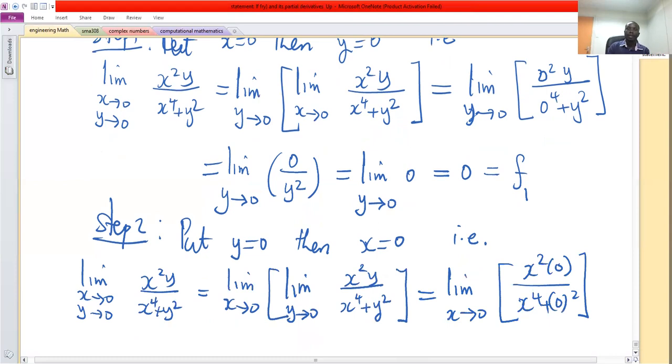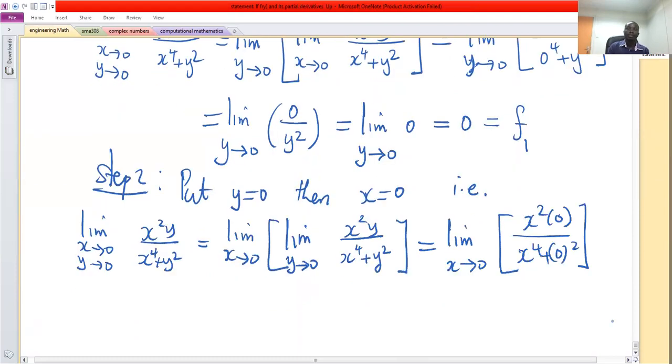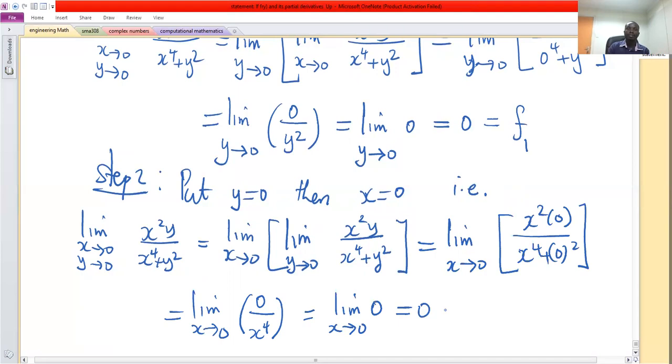When you multiply x squared by 0, you get 0, so we have the limit as x approaches 0 of 0 over x to the power 4. And 0 over x to the power 4 is 0, so the limit as x approaches 0 of 0 is 0.